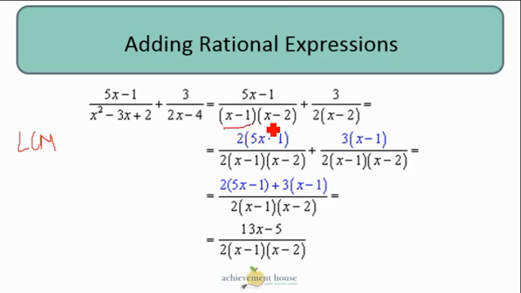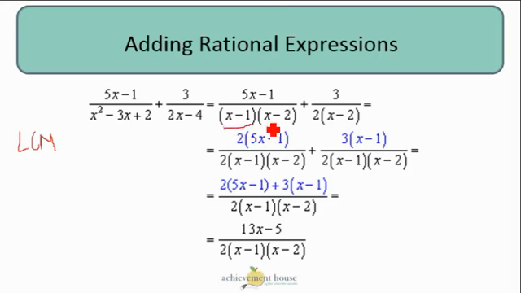For the first rational expression, 5x minus 1 over x minus 1 times x minus 2, I have my x minus 1 and my x minus 2. In order to have the common denominator, I need a 2. So I'm going to multiply that whole thing by 2 over 2.